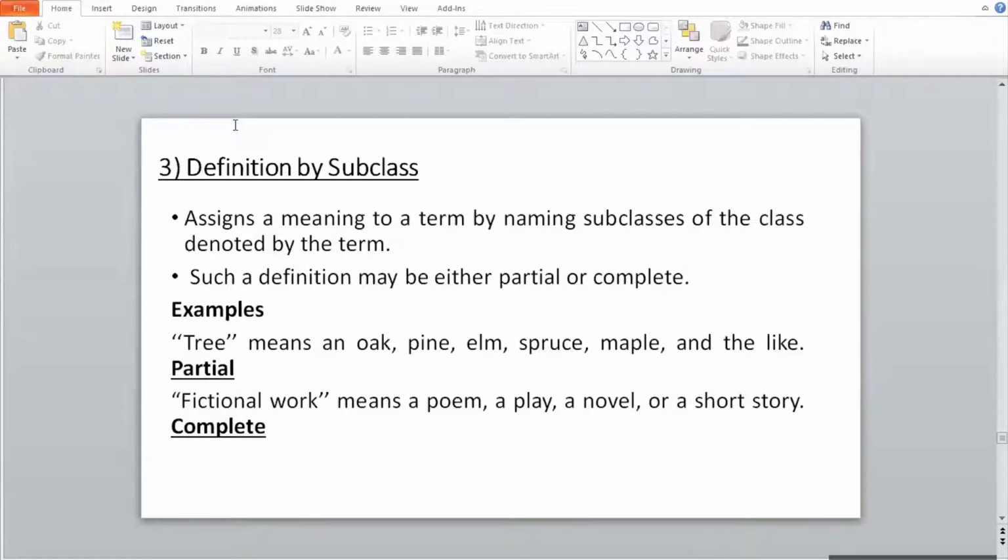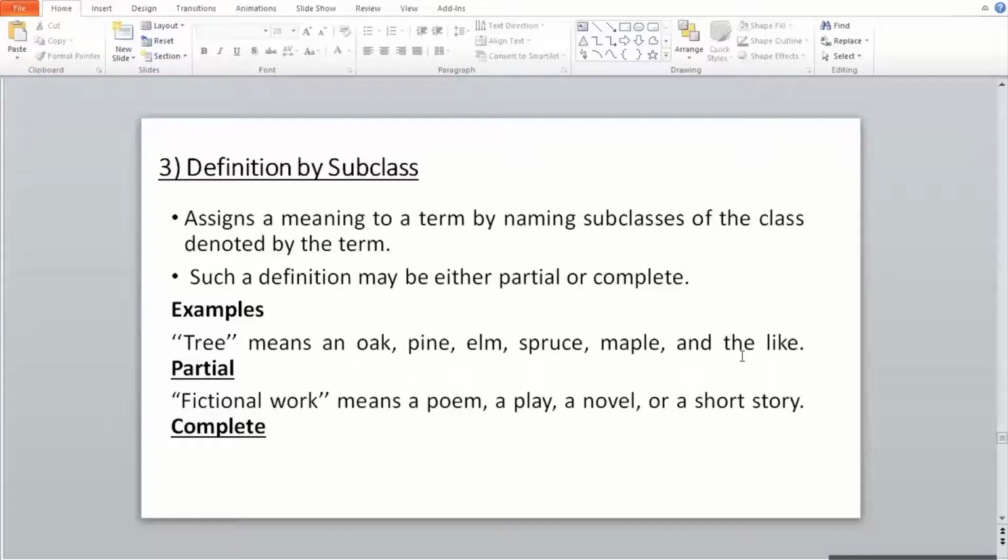So now let's look at the third type, which is a subcategory of that definition: definition by subclass. This is also similar to the previous one. The difference is it's defining by class. For example, when you define the term tree, we may define tree as oak, pine, spruce, maple, and the like.